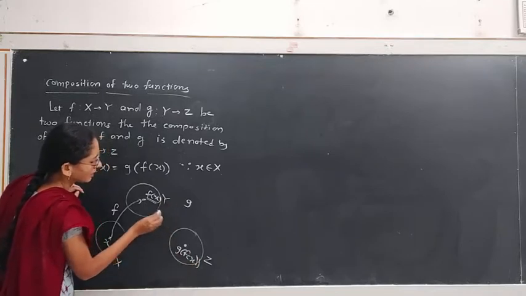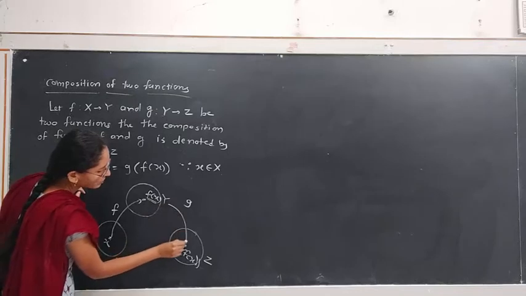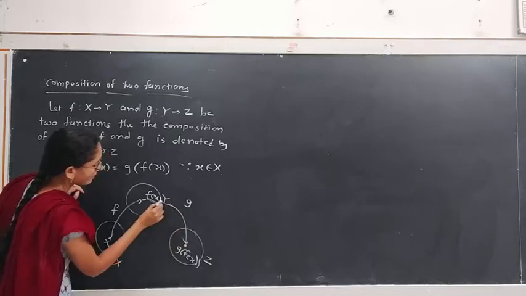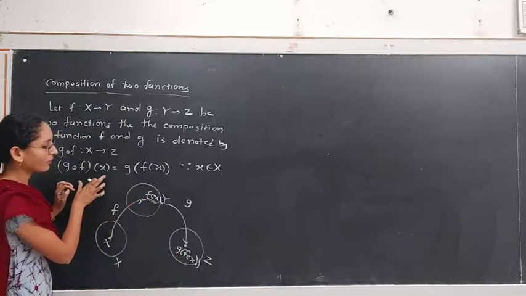This is the mapping g from Y to Z. This element f of x goes to g of f of x under the composition of functions.